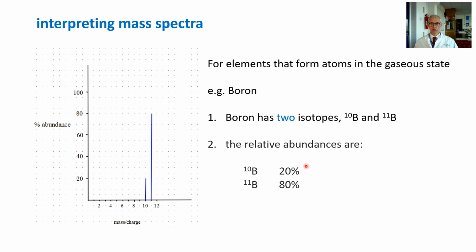We can also read from the y-axis the relative abundance. So 20% for mass 10, and 80% for mass 11. So this is the data that we get concerning the distribution of isotopic masses in a sample of boron.